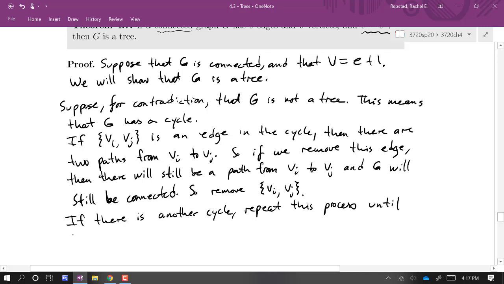Repeat this process until we have a graph, I'll call it G prime, that is still connected but has no cycles.